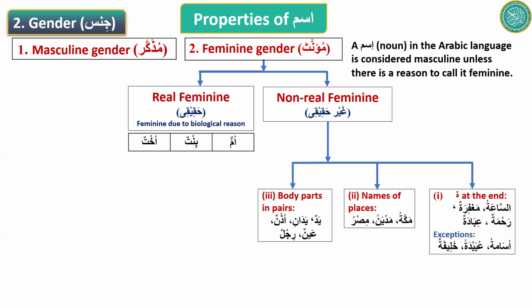And the body parts that we have in pairs are all feminine. There are more reasons, but I don't have time, so I will stop here. Teachers, please practice the status in the breakout rooms, so everybody gets a chance to tell the status. That's where I will stop, and we will go to the breakout rooms now.